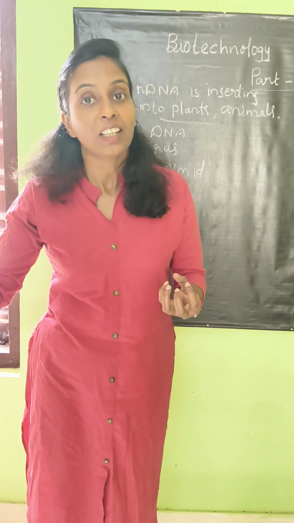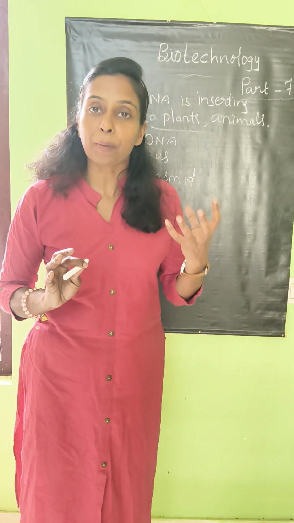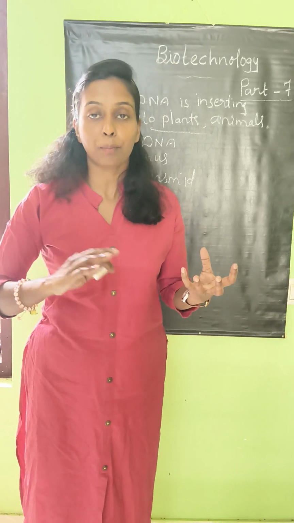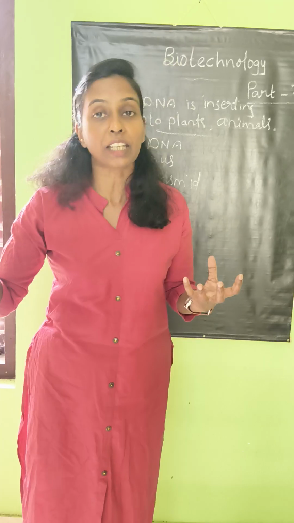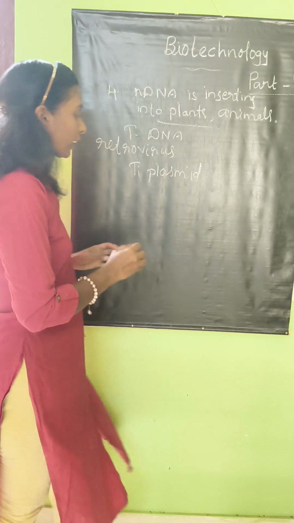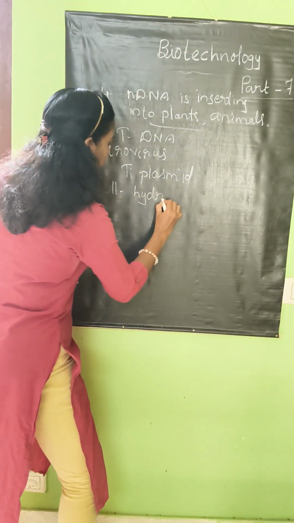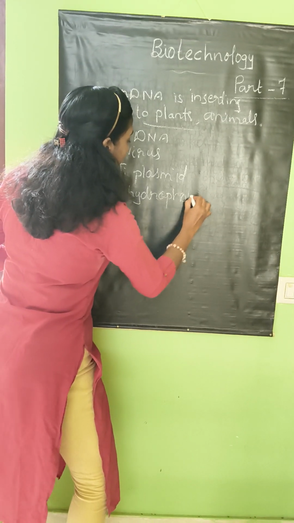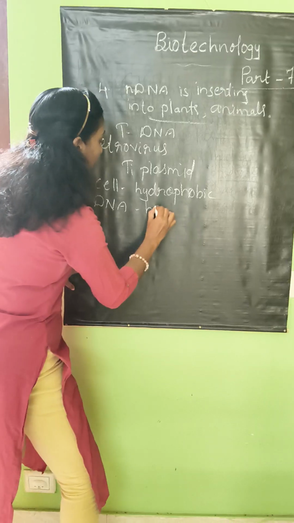What is the next step? We have to sell to the customers. We have to make the plasmid competent, meaning it should be attracted by the customers. In biotechnology, the customer is the host, so we have to make a competent host. Actually, the cell is hydrophobic but DNA is hydrophilic.